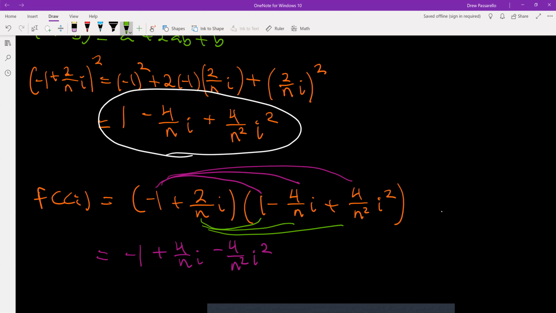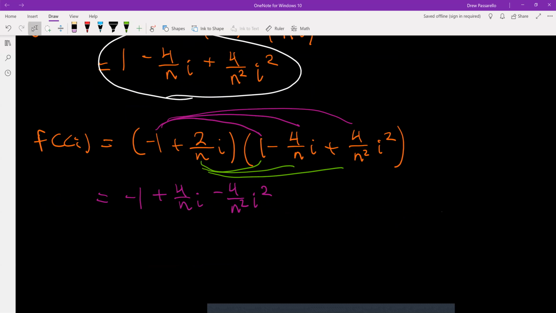With 2/n times i, times 1 is 2/n times i. And I'm going to write that below the 4/n times i, since they're like terms, because they have the i as our common variable. So that was the result of doing 2/n i times 1.